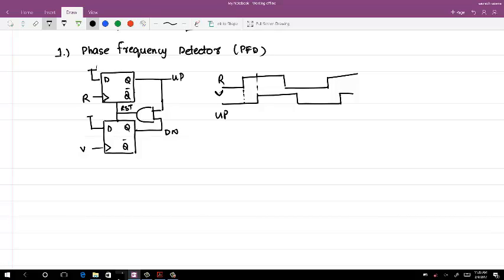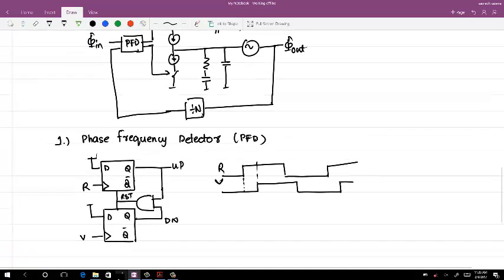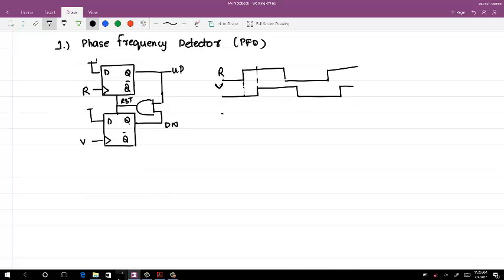As R goes high, your up will go high with the delay of the flip-flop. Let me just make it slightly wide so that it gets a little easier to understand.